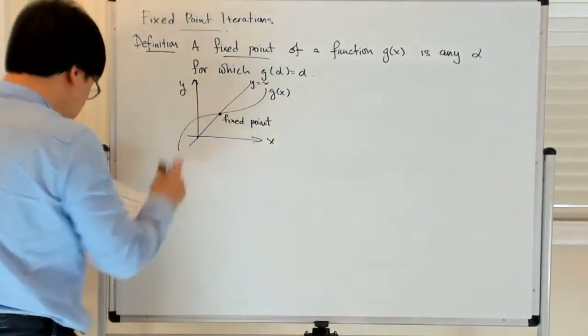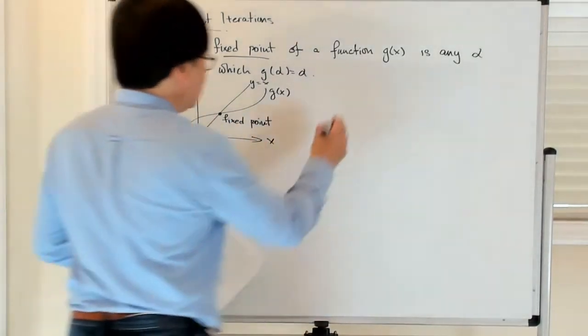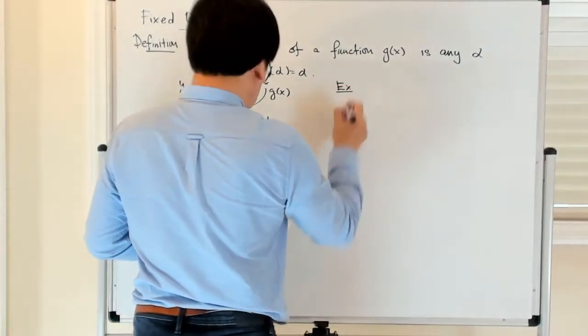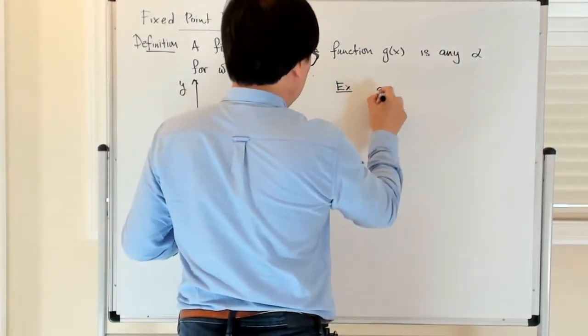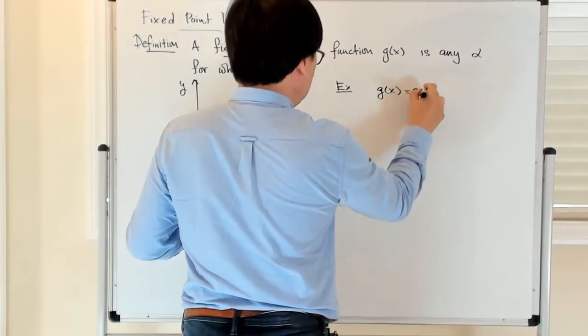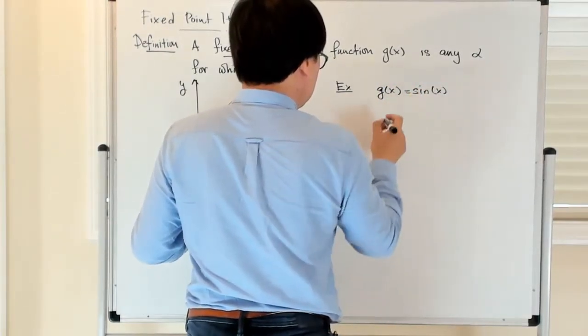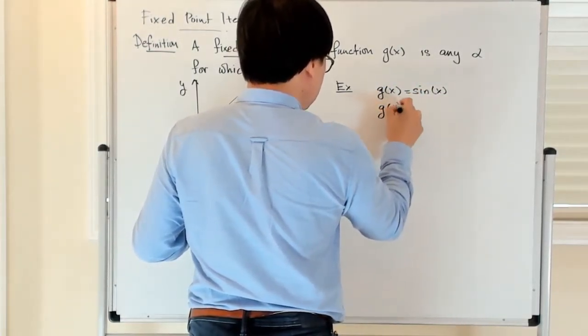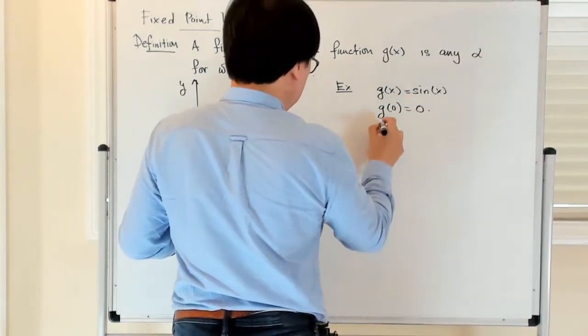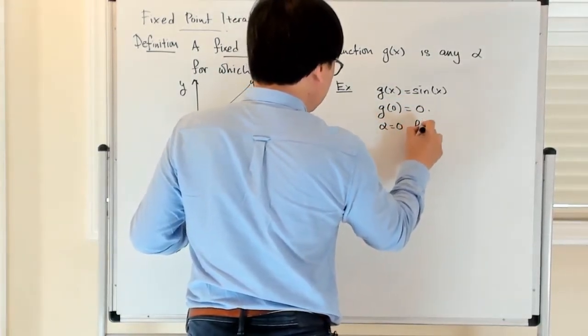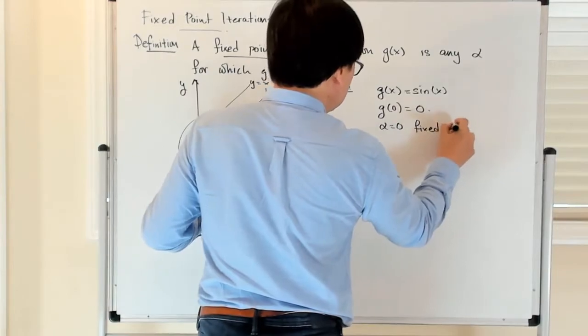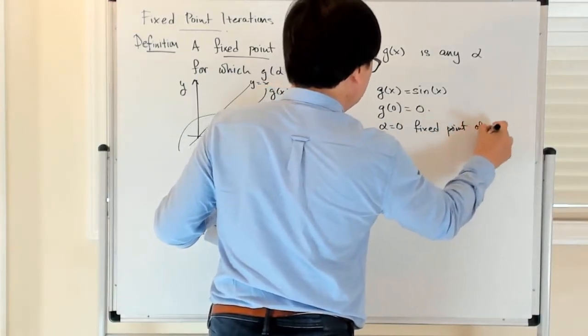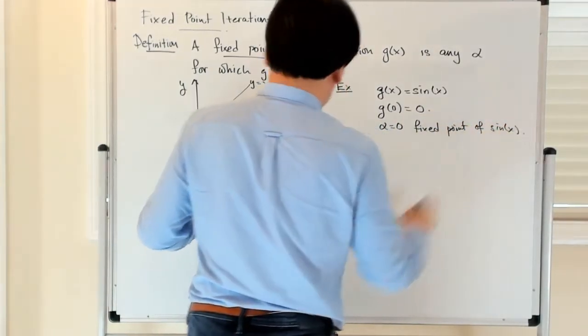All right, so let's look at examples of this. If you have g of x is sine of x, for example, then it's easy to check that g of 0 is 0, so alpha equals 0 is a fixed point of sine of x.